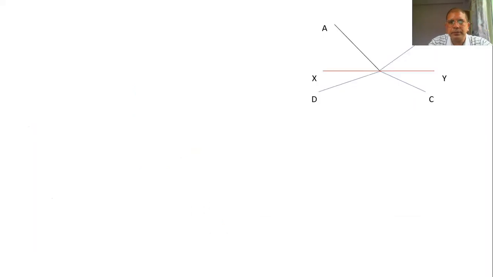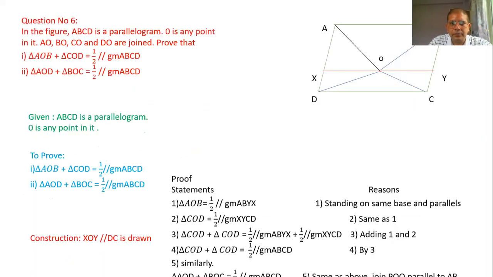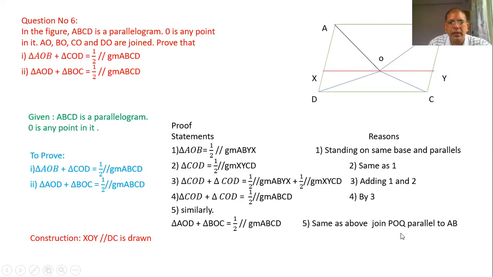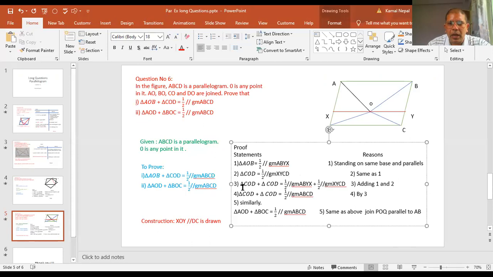So I want to show it again, the XYCD parallelogram. Then if you add these 1 and 2, AOB plus COD is equal to, if you add these two parallelograms, the whole parallelogram ABCD.